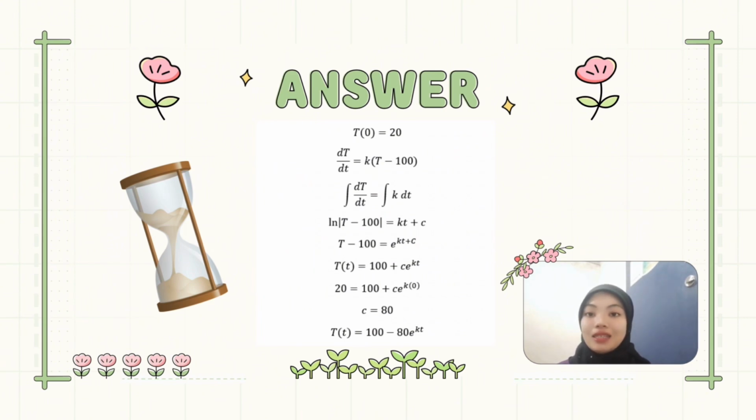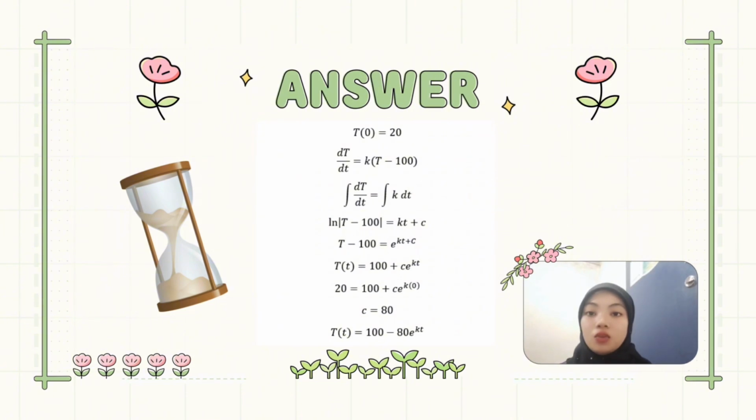Next, we apply the initial condition. As we know, at t equals 0, the initial temperature of the bar T0 is 20 degrees Celsius. We substitute t equals 0 and T equals 20 into the equation to find the constant C. 20 equals 100 plus C times e to the power of k times 0.